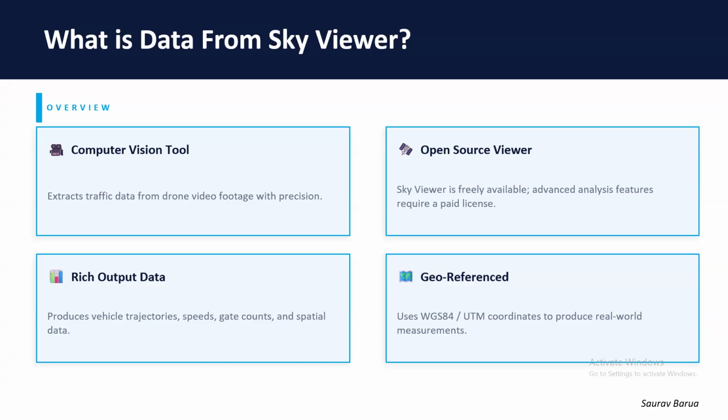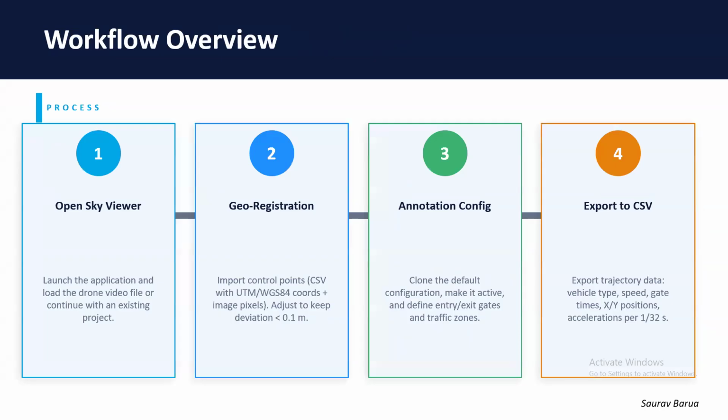It has a paid license, and it provides rich output data: we can get vehicle trajectories, speed, gate counts, and spatial information. For georeferencing we can use the WGS84 or UTM coordinate system to produce real-world information.